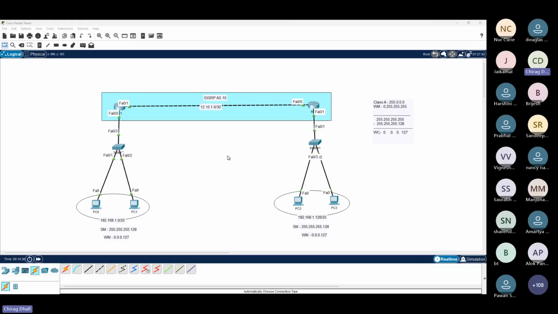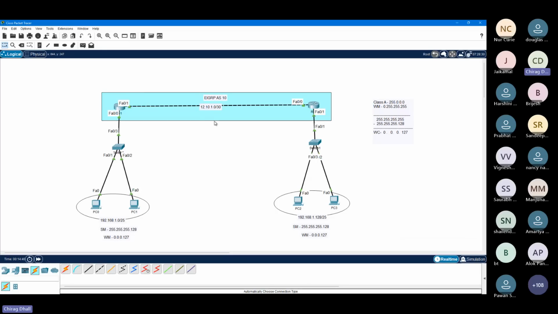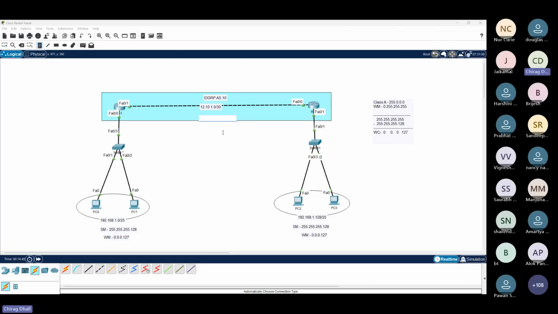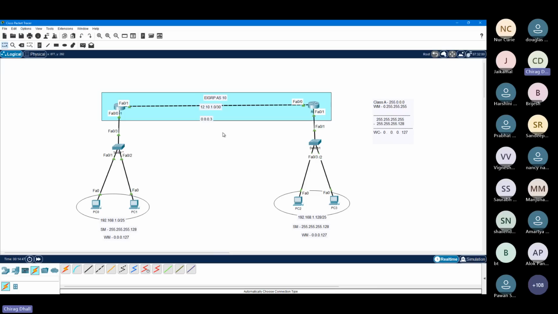As the subnet mask is 255.255.255.252, the wildcard mask is going to be 0.0.0.3. Clear?